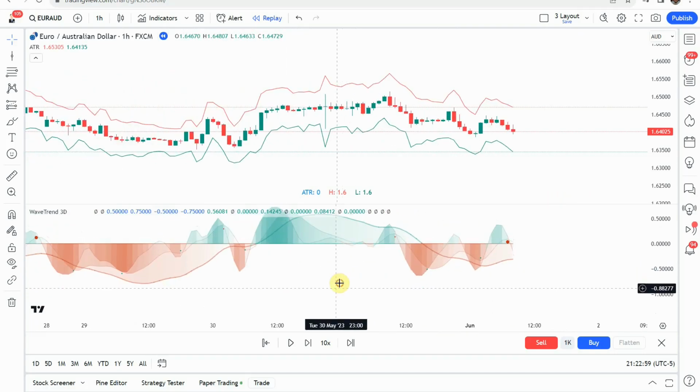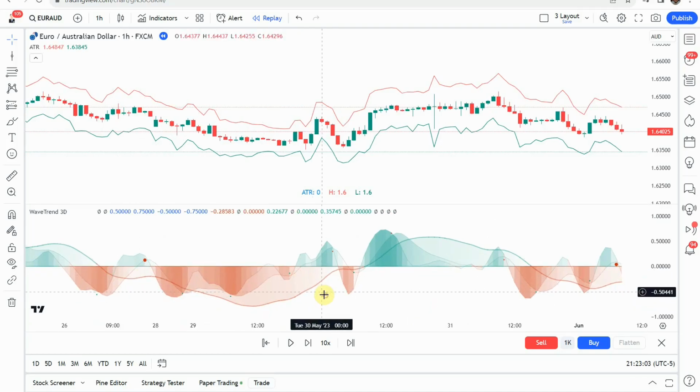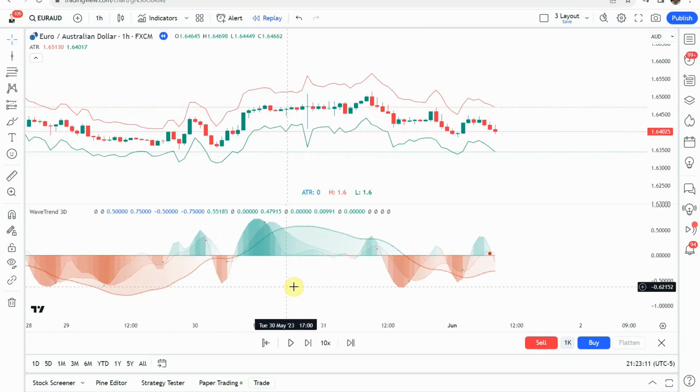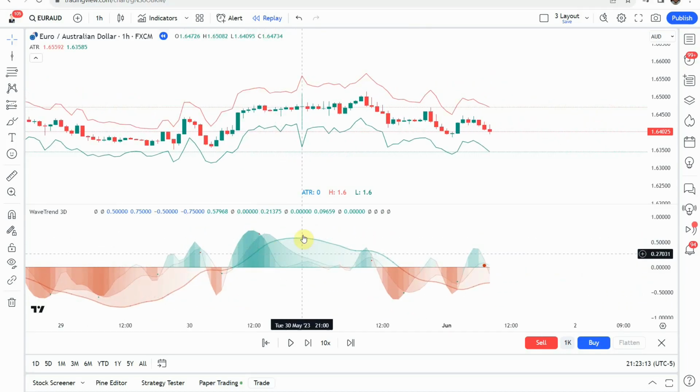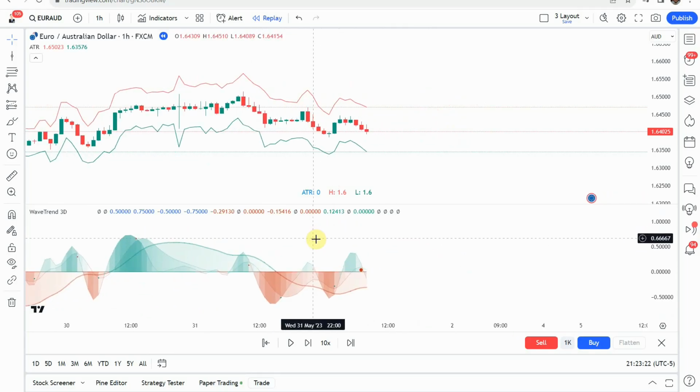And so when that main line there is below the 0 line and red, we are looking for short trades only. And when it is above the 0 line and blue or teal, whatever you want to call it, then we are only looking for long trades.